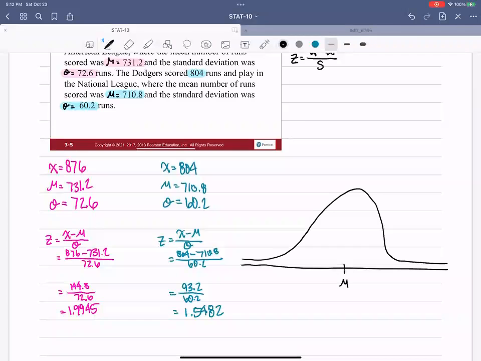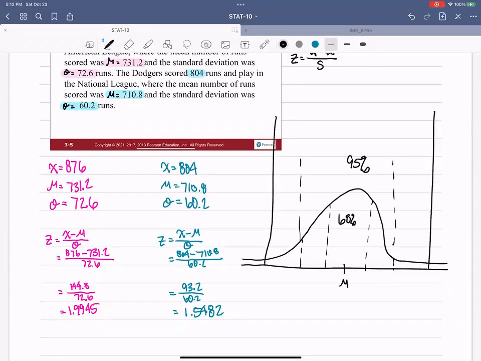So here we would have the mean. Remember, within 1 standard deviation, we have 68% of the data. Within 2 standard deviations, we have 95% of the data. And lastly, within 3 standard deviations, we have 99.7% of the data.